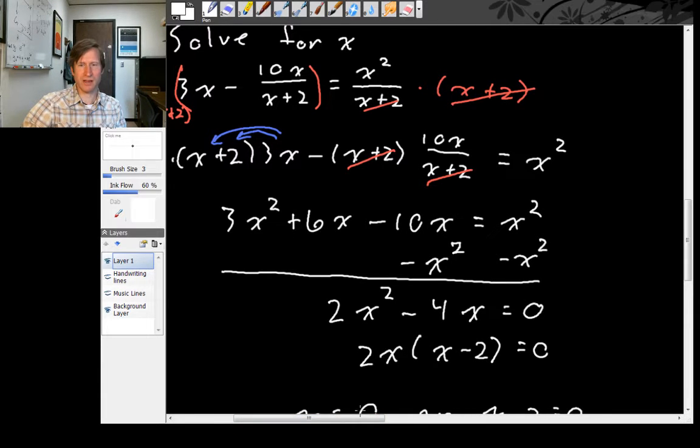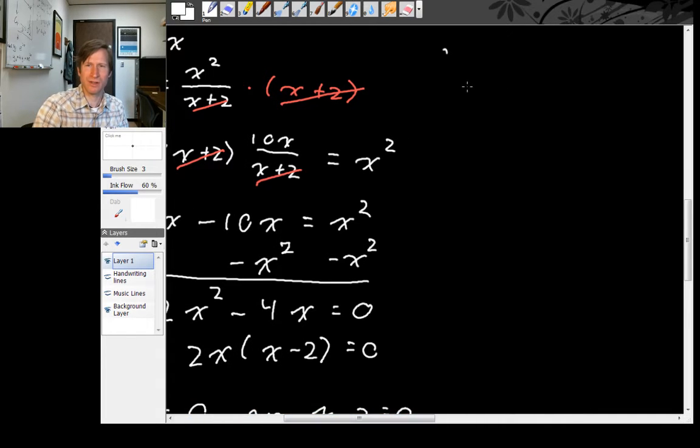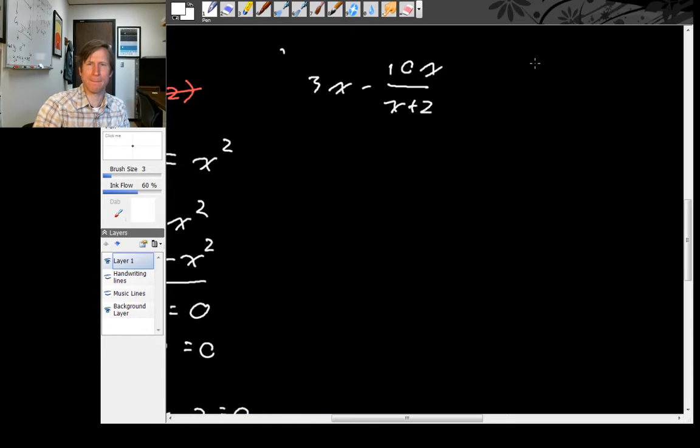So 3x minus 10x over x plus 2 equals x squared over x plus 2. Okay, so first let's check x equals 0.